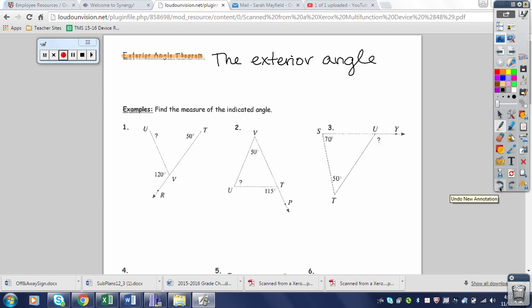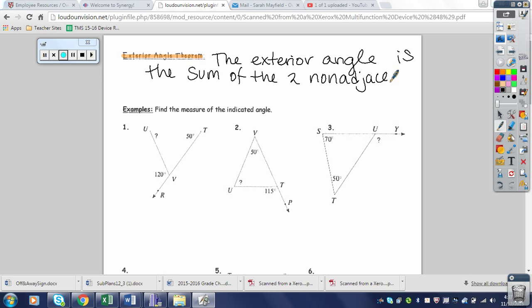So it says the exterior angle is the sum of the two non-adjacent angles in the triangle. My exterior angle theorem tells me the exterior angle is the sum of the two non-adjacent angles in the triangle.